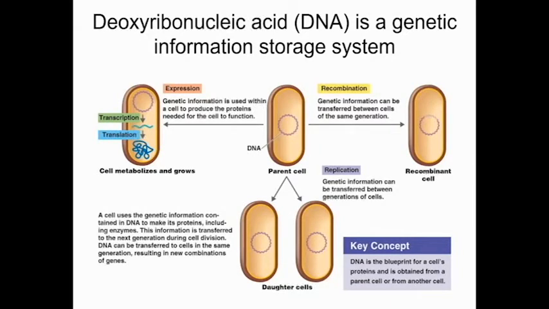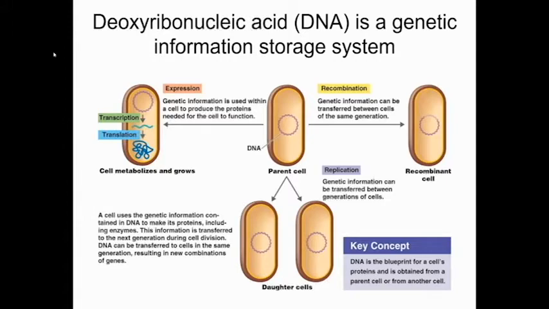Then they lyse the bacteria A and infect the bacteria B. And during this time, the bacteria A chromosomal DNA will be transferred into the bacteria B. So that's called transduction. So these are 3 major mechanisms for the bacteria cell to perform this gene transfer.